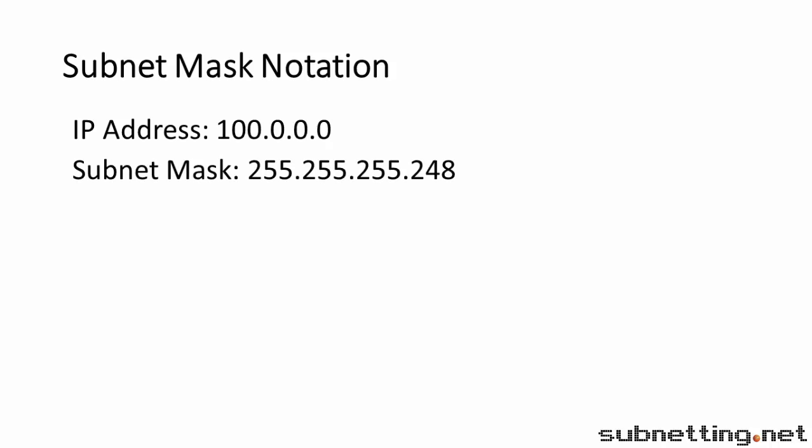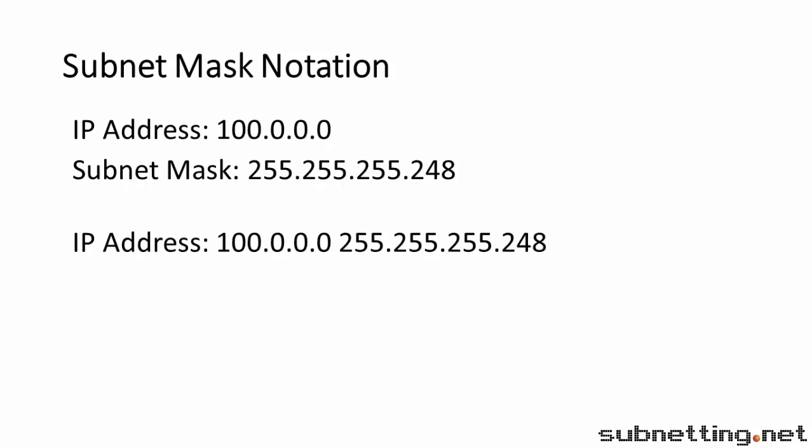Now let's use a subnet mask together with an IP address. Suppose we have an IP address of 100.0.0.0 and a subnet mask of 255.255.255.248. We can write them together like this. Notice this time we wrote the subnet mask directly to the right of the IP address, separated by a space.